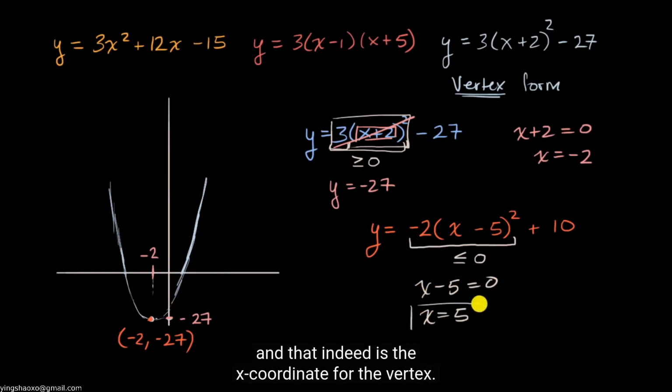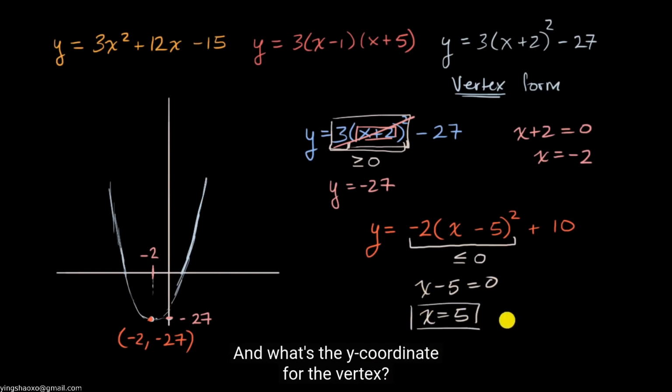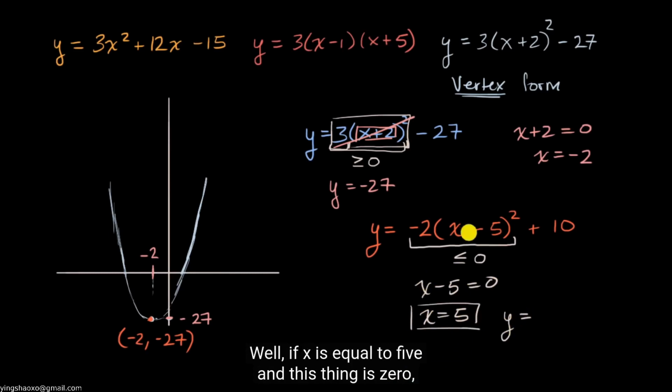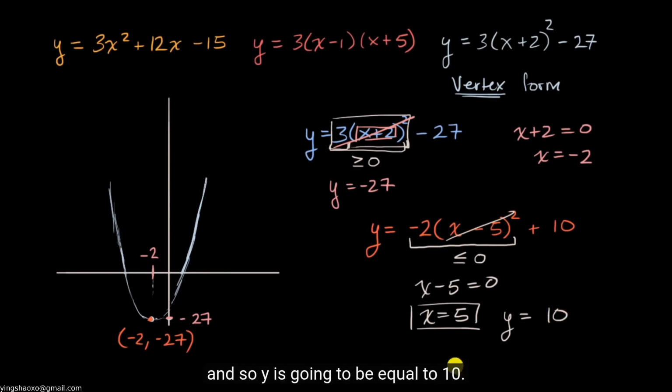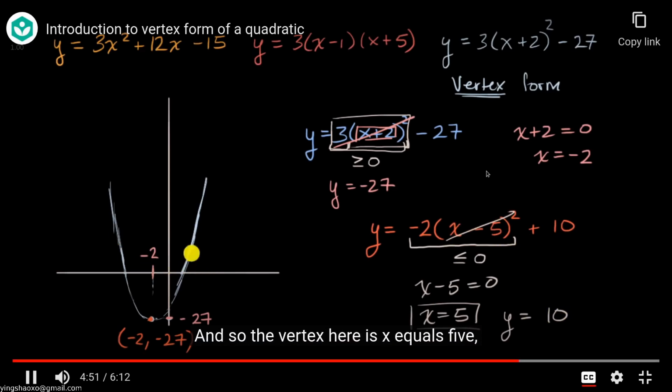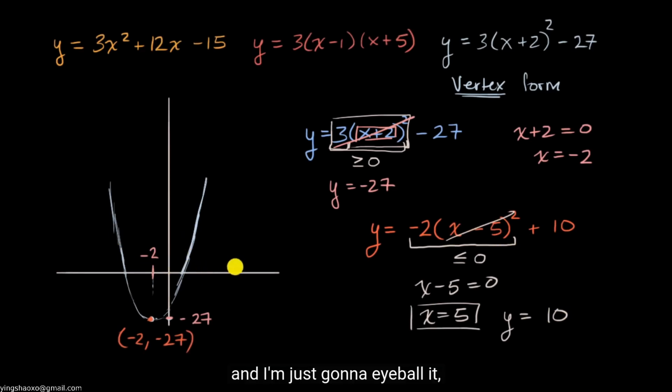And that, indeed, is the x-coordinate for the vertex. And what's the y-coordinate for the vertex? Well, if x is equal to 5, this thing is 0. You're not going to be taking anything away from the 10, and so y is going to be equal to 10. And so the vertex here is x equals 5, and I'm just going to eyeball it, maybe it's right over here, and y is equal to 10.